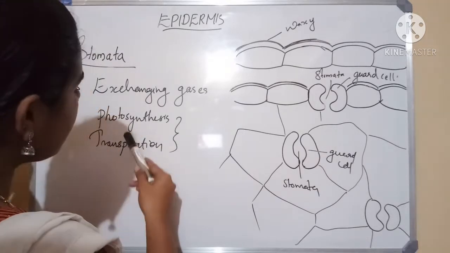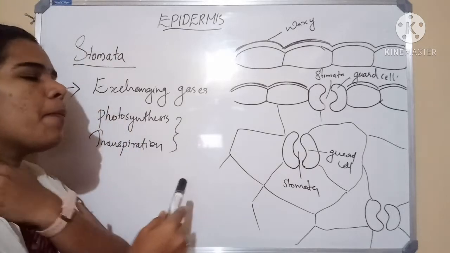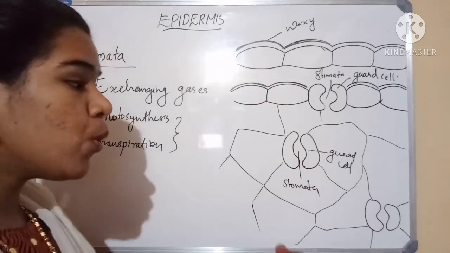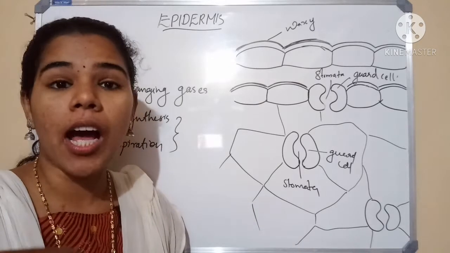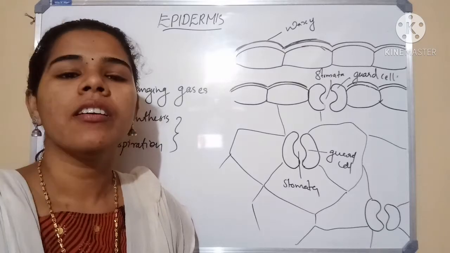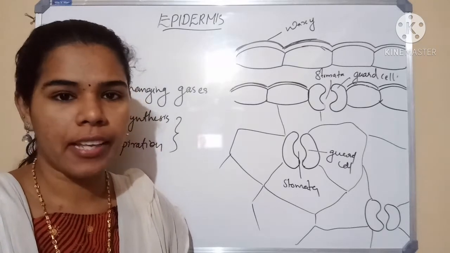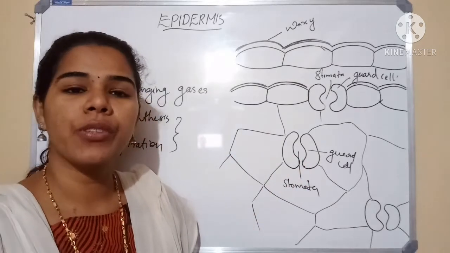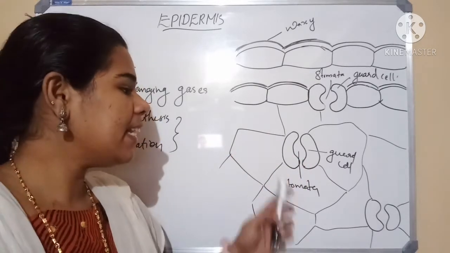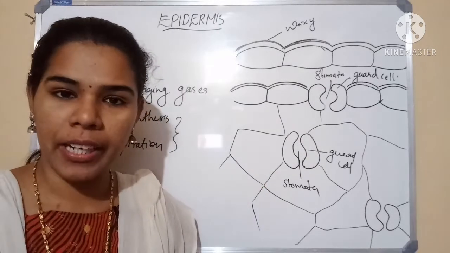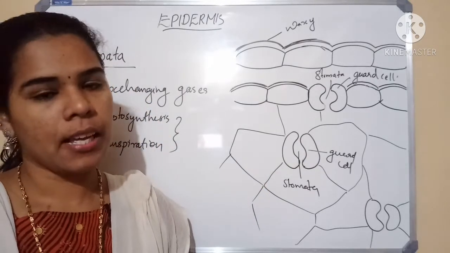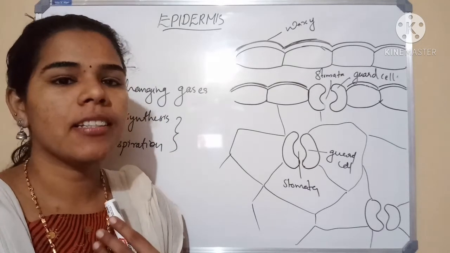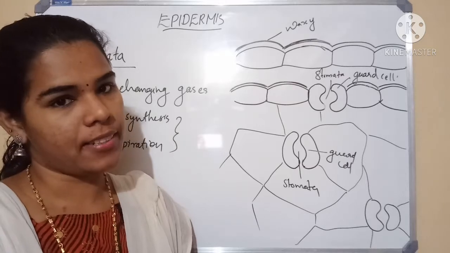At the time of photosynthesis, the end product is oxygen, and the plants use carbon dioxide for preparing their glucose. So they take in carbon dioxide through this opening and release oxygen at the time of photosynthesis, but the remaining time they use oxygen and release carbon dioxide.